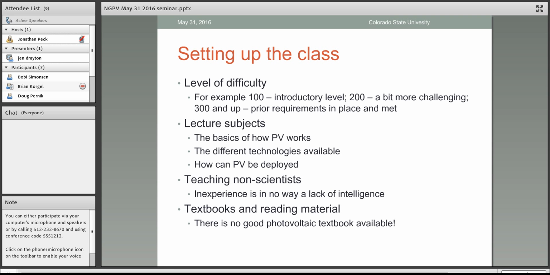So remember that inexperience is in no way a lack of intelligence. Often when people are presented with new concepts that they've never seen before, they're going to have to think about it. They're not going to have a question immediately, or maybe they're not going to want to ask a question immediately. They really need to mull the material over. I would go back and forth in my lectures.